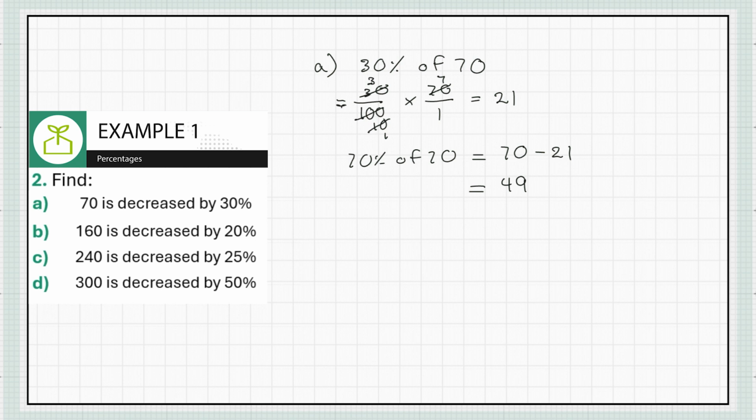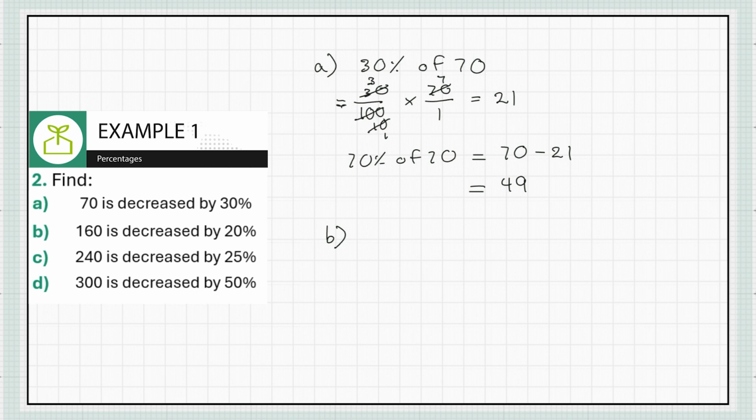Okay, let's move on. So if we look at B, we have 160 is decreased by 20%.